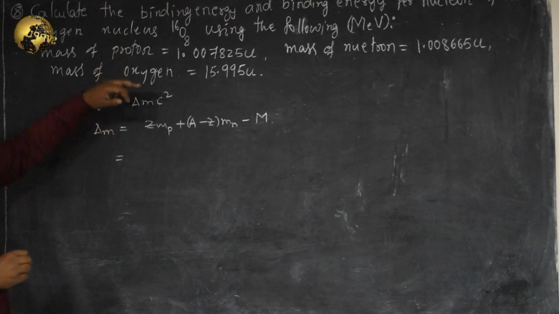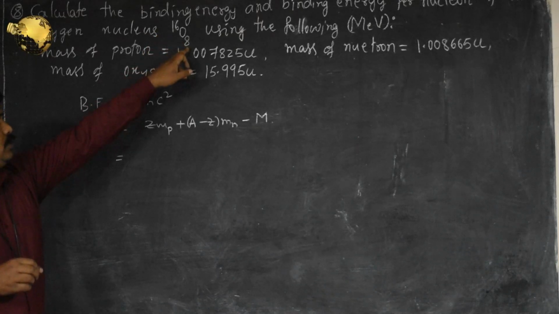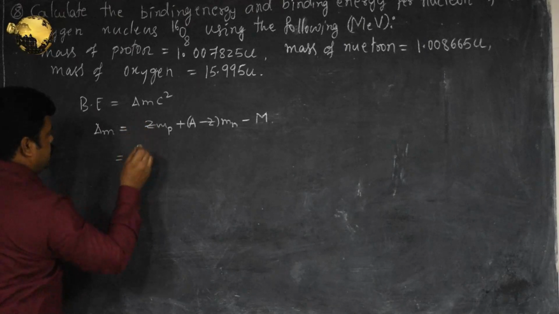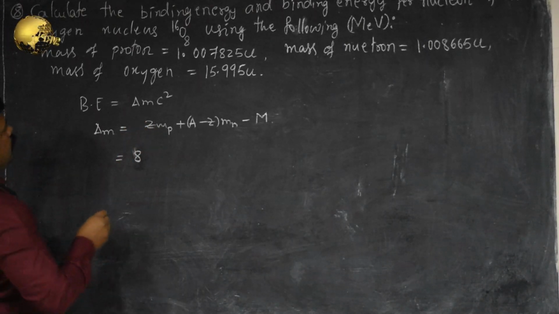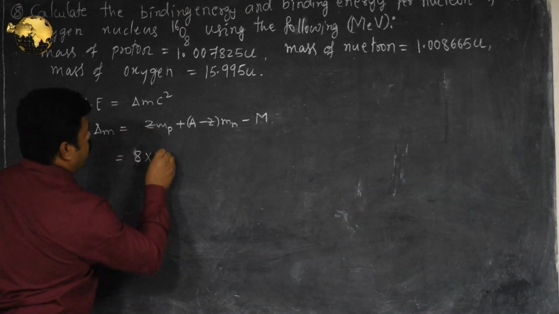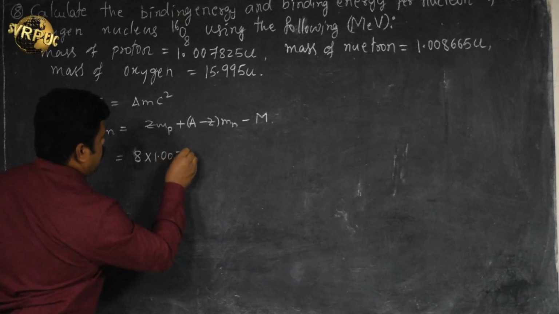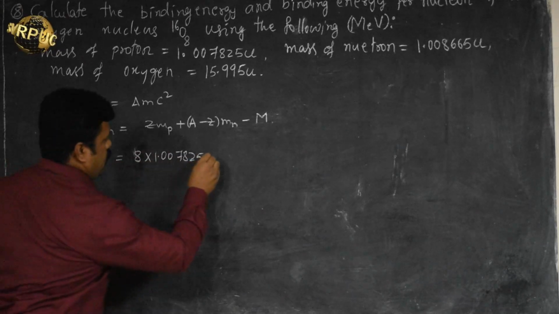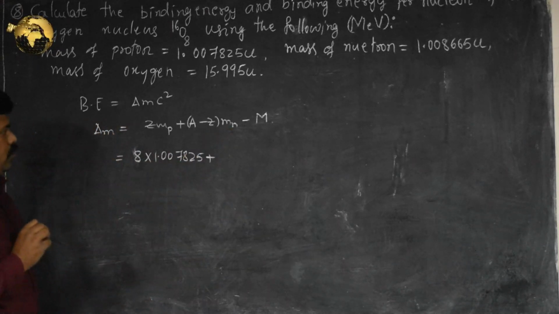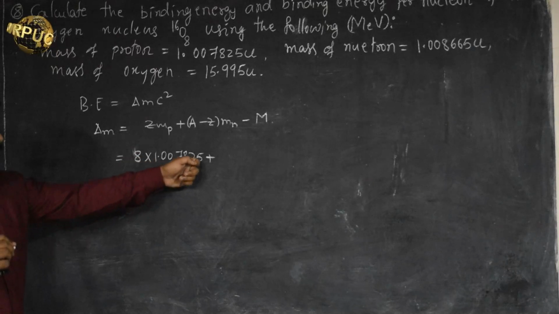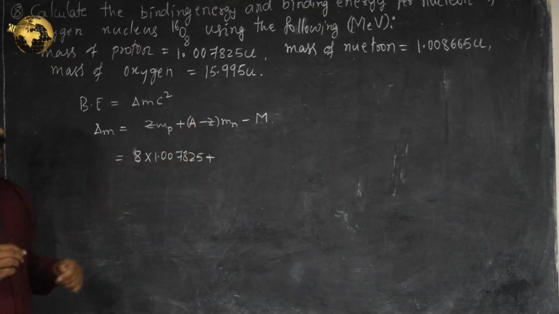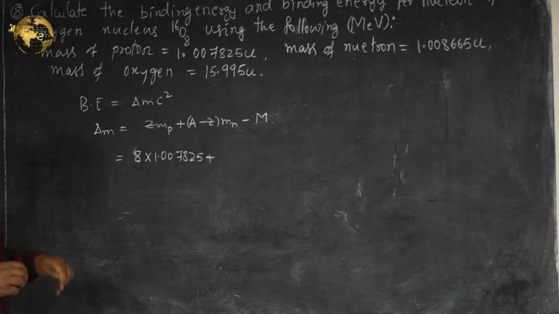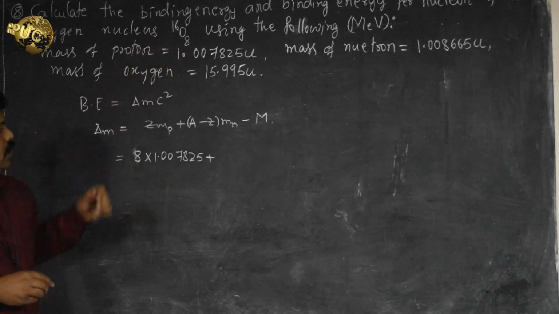For oxygen 16 8, Z is 8. Mass of protons is multiplied by 1.007825 U. All the masses are taken in atomic mass unit here, so I don't write U. A minus Z is the number of neutrons, which is again 8.